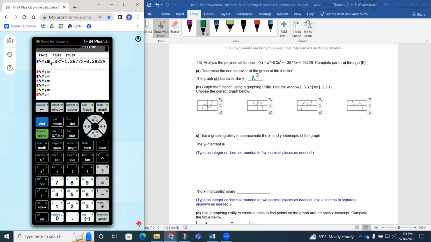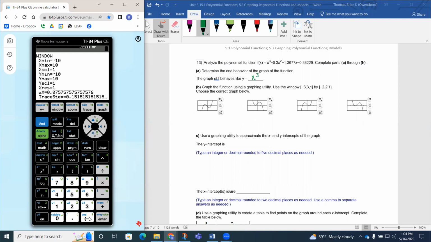So the graph still kind of looks like both of those. So let's go ahead and change the window like they said.